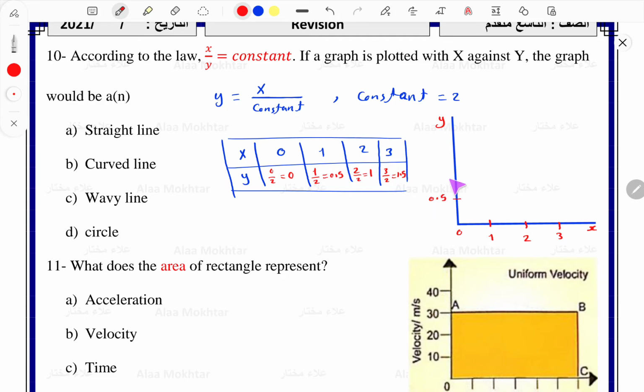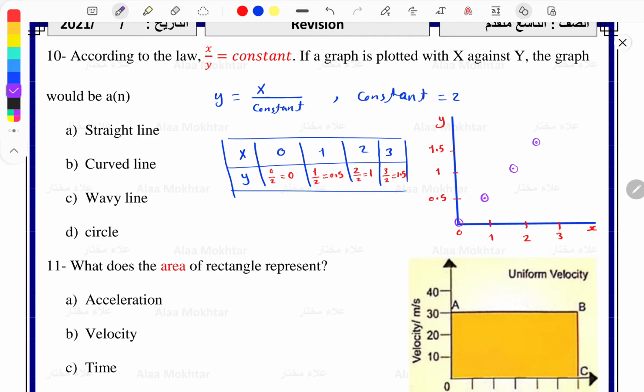When x equals 0, y also equals 0. When x equals 1, y will be 0.5. When x equals 2, y will be 1. And if x is 3, y will be 1.5 and so on.